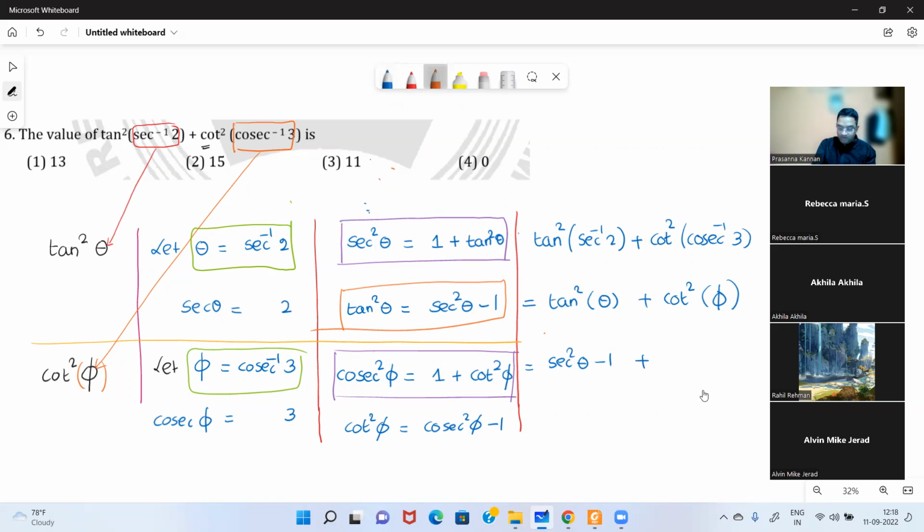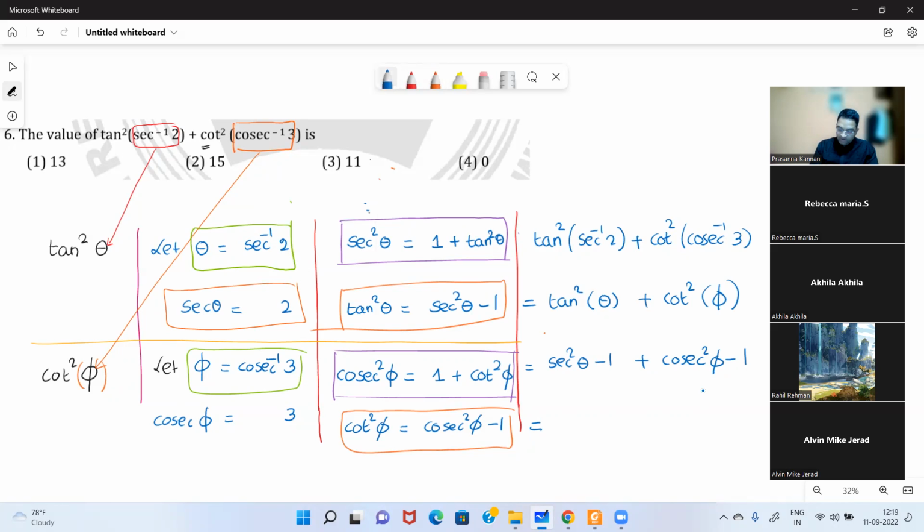Similarly, what can you write cot square phi as? Cosecant square phi minus 1. But secant square theta, already we know what it is. What is secant theta? 2.